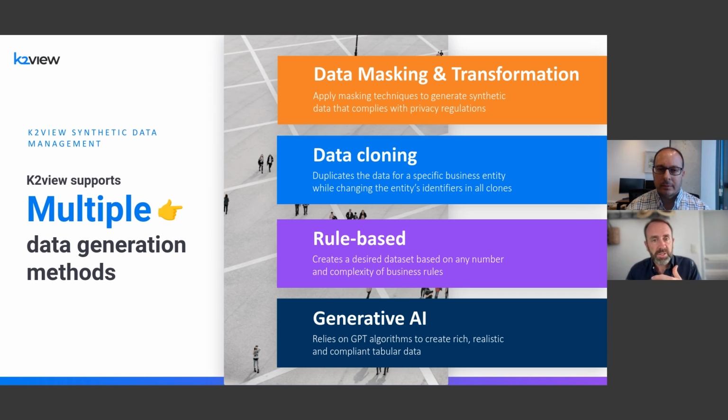Now, imagine a scenario where you do have access to production, and what you want to do is create very rich and realistic data that represents statistically, in terms of the distribution of data, what you have in production.